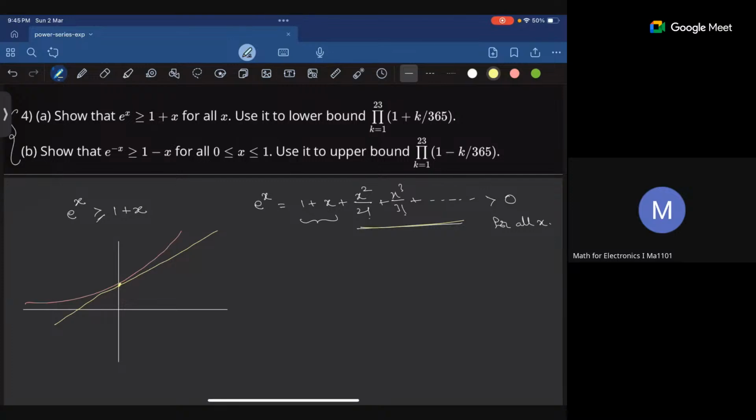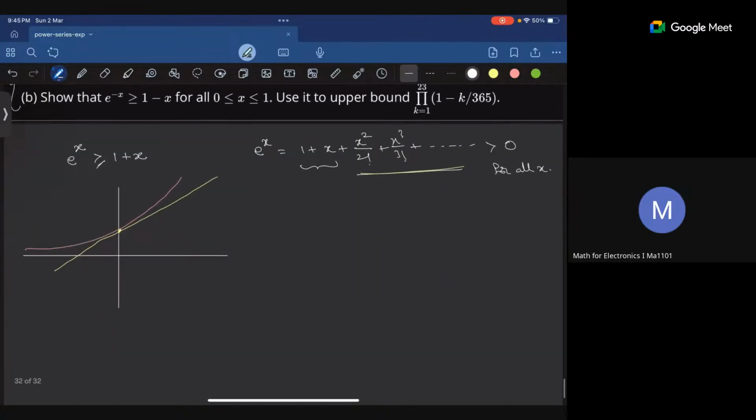When x less than 0, you say some minus alpha. When x is minus alpha, you will have 1 minus alpha plus alpha square by 2 factorial minus alpha cube by 3 factorial and so on, right?